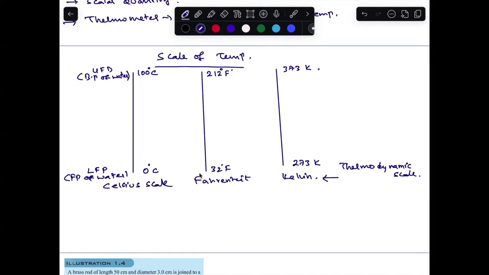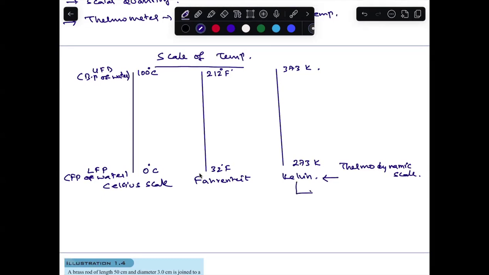See, for normal thermometers, you require two reference points, like Celsius and Fahrenheit. There is another Romer scale whose lower fixing point is 0 and upper fixing point is 80. But only Kelvin depends on just one point, not two different points.